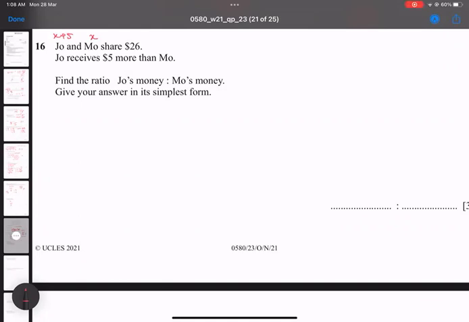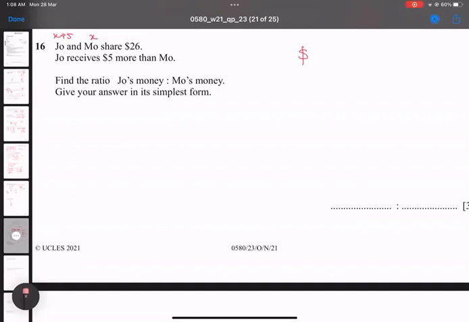So what is the technique to do now? After this, we can make a plan here. We can say dollars. This 26 is the total share actually.